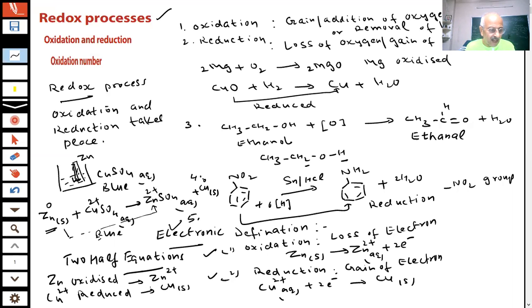Therefore, you can say that in these reactions, oxidation and reduction are occurring together. Such reactions are called redox reactions, students. What example am I giving you? Redox reactions, which means reduction and oxidation are taking place in the same reaction.